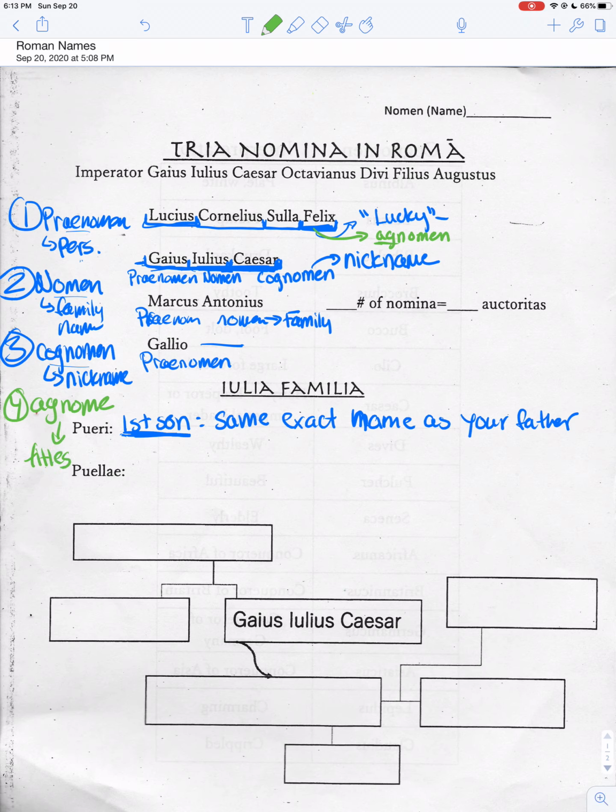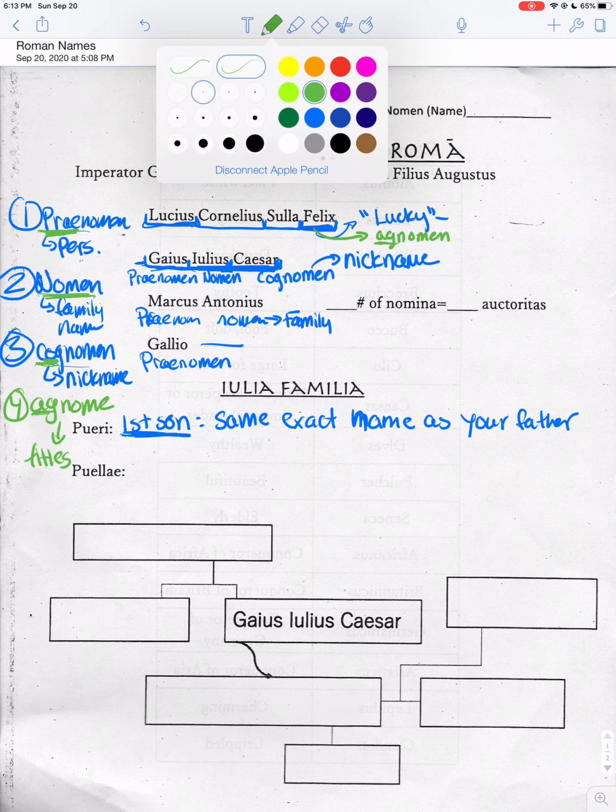If you conquered a new place, the Senate could bestow you a title, and they would do that based on where you just conquered. And so praenomen before, nomen the name, cognomen with the name, and agnomen after the name.